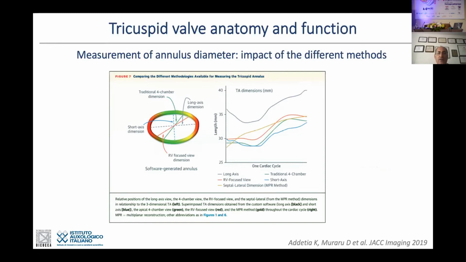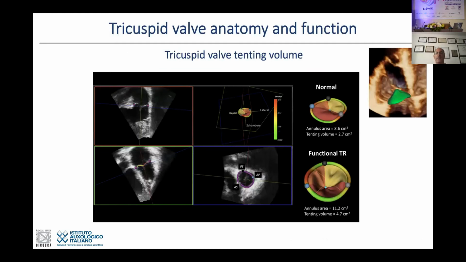And we were able to demonstrate that none of the diameters taken in the traditional 4-chamber or 2-chamber view is actually the major diameter of the tricuspid annulus. And we have also shown that the tricuspid annulus is quite dynamic throughout the cardiac cycle, and while it shrinks during the systole, it continues to dilate throughout the diastole, reaching its maximum at the end of the diastole.